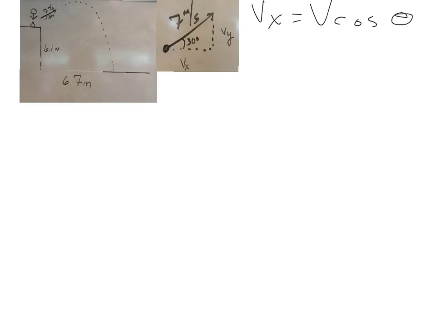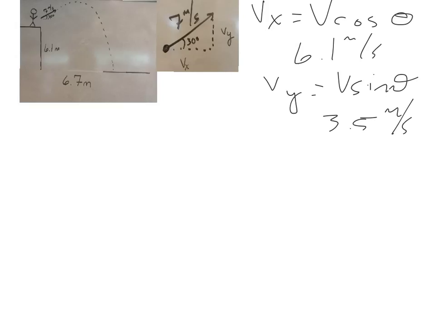I'm sorry, I'm writing with my finger because I don't have my stylus. That's 7 times the cosine of 30, so the velocity in the x direction is 6.1 meters per second. The velocity in the y direction will be V sine of that angle, because now we're opposite. So 7 times the sine of 30 degrees is 3.5 meters per second. That's where I got those two things from.